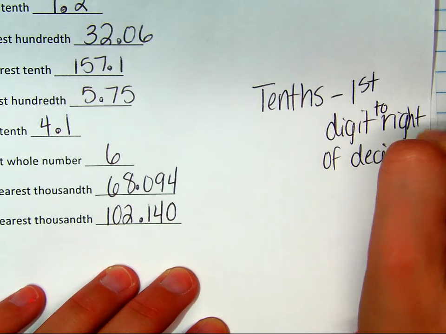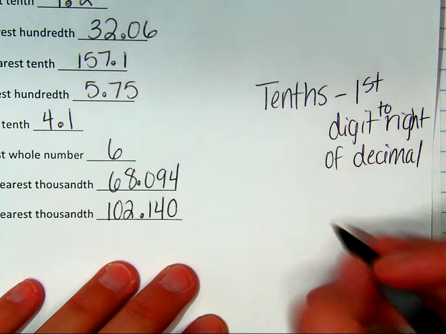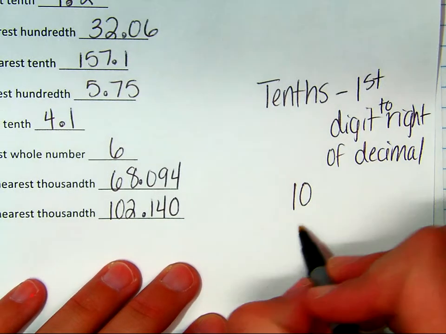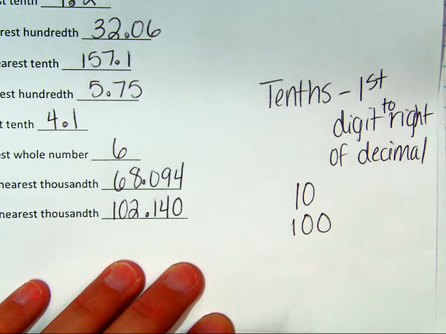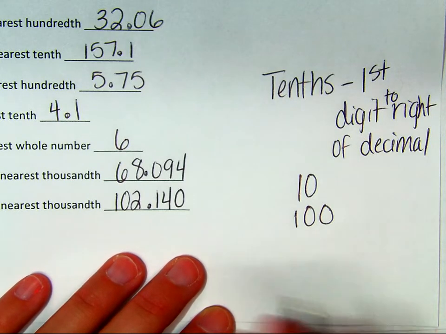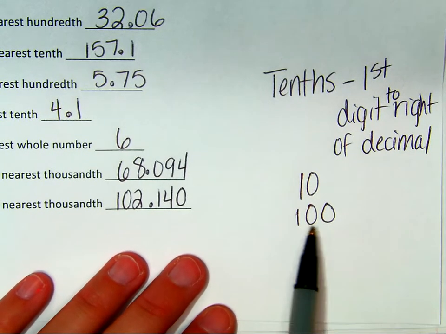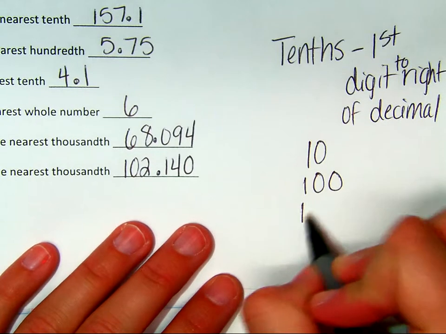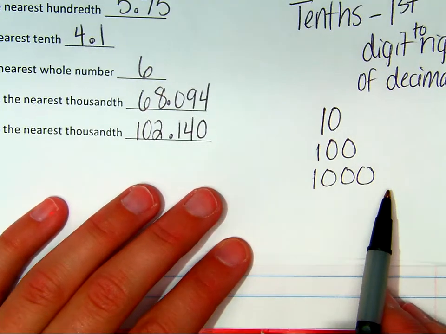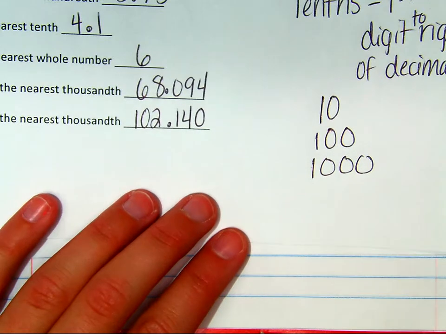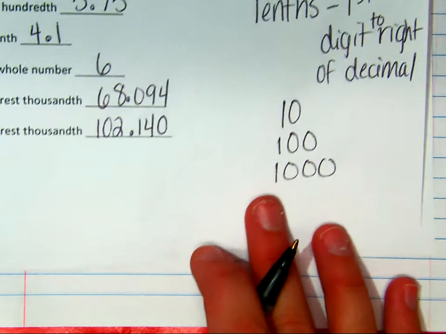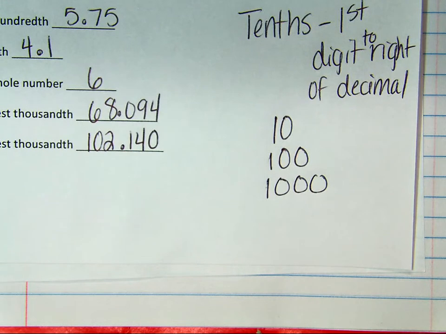And a way to remember that is the number 10 has 1 zero, so it's the first to the right of the decimal. The number 100 has 2 zeros, so the hundredths place is the second digit to the right. 1,000 has 3 zeros, so the thousandths place is the third to the right of the decimal. So that's just a little trick to help you remember where the place values are in your decimal numbers.